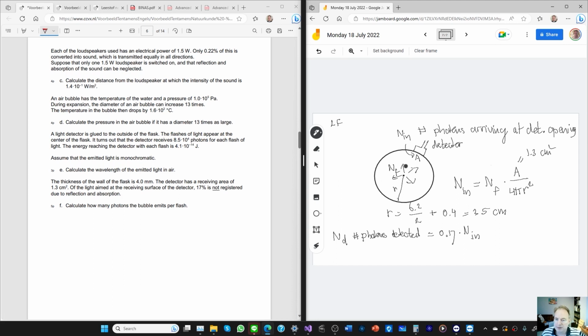So now we can combine this all. I mean, you can always first calculate what n in is and then nd, but you can combine this all in one formula.